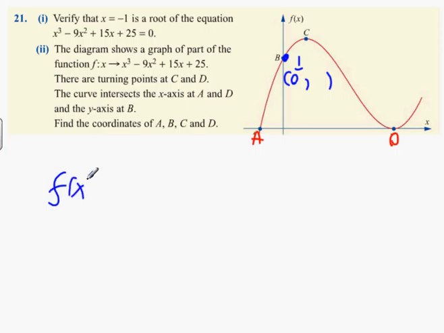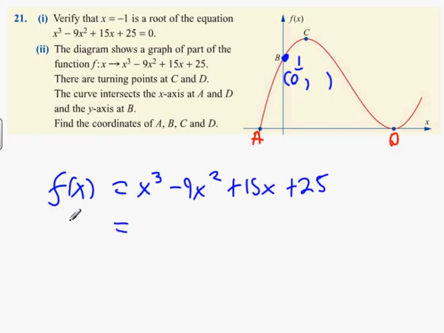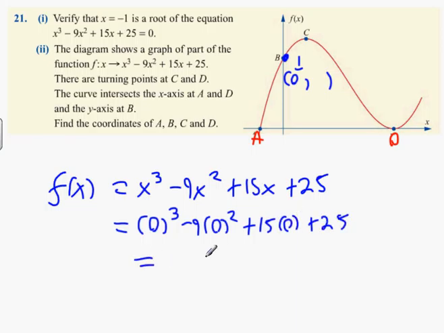So, if this is the function, what happens when you replace x with 0? 0 cubed minus 9 times 0 squared plus 15 times 0 plus 25. 25. B is the point (0, 25).